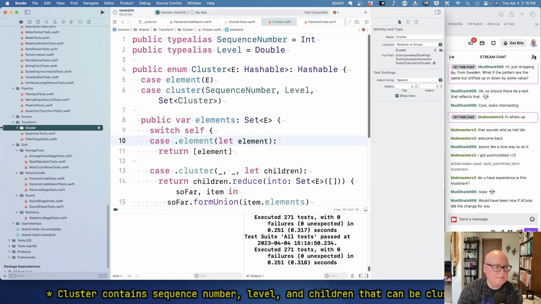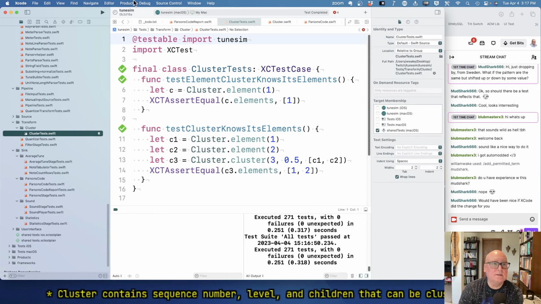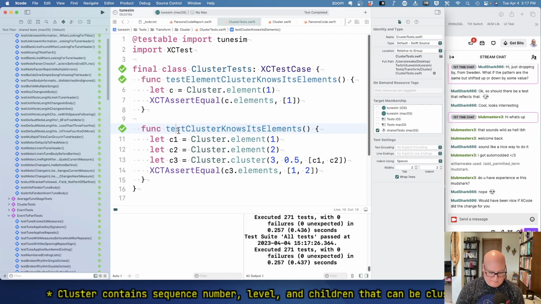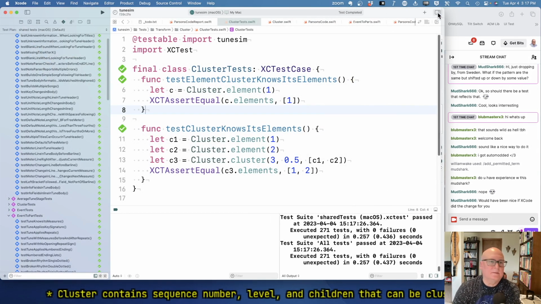Do groups have this problem? Share test. Clean.